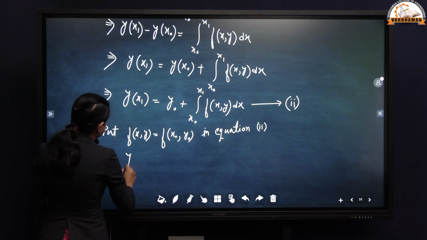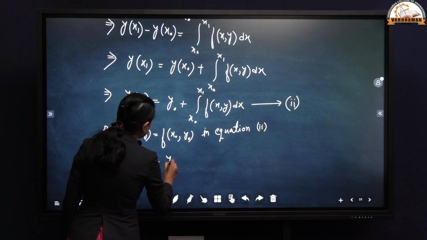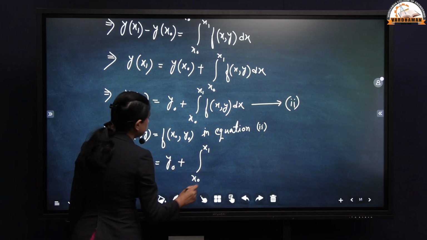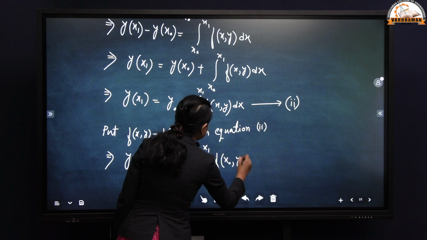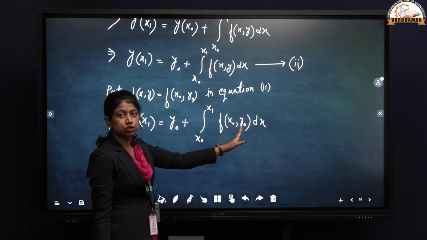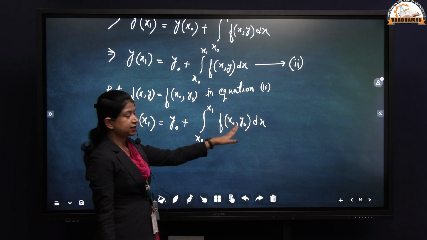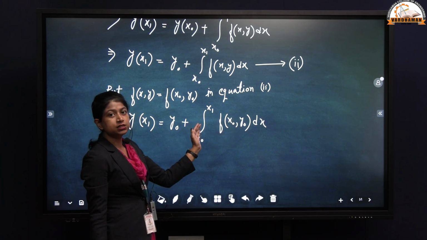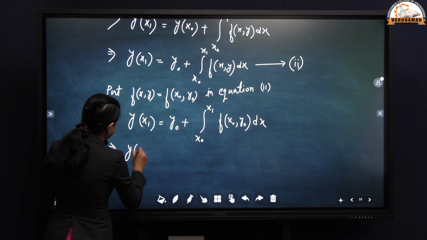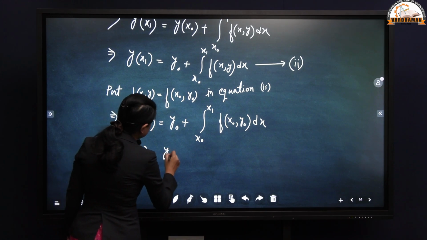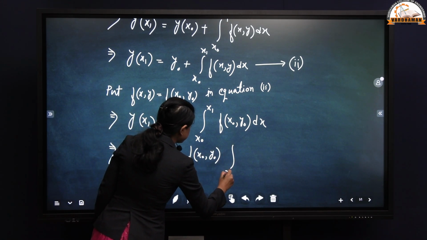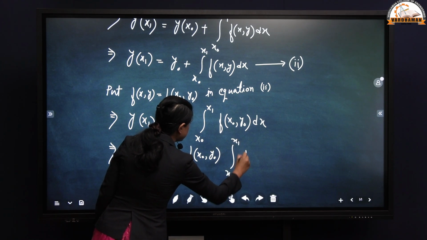We will get y of x1 equal to y naught plus integration x naught to x1 f of x naught, y naught dx. If you put x naught, y naught in f of x, y, it will give a constant term, so it will come out of this integration symbol. y of x1 equal to y naught plus f of x naught, y naught integration x naught to x1 dx.